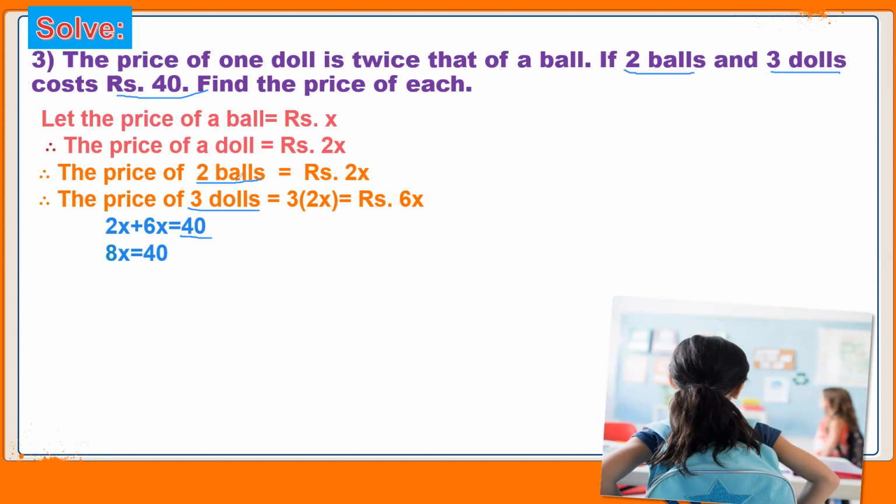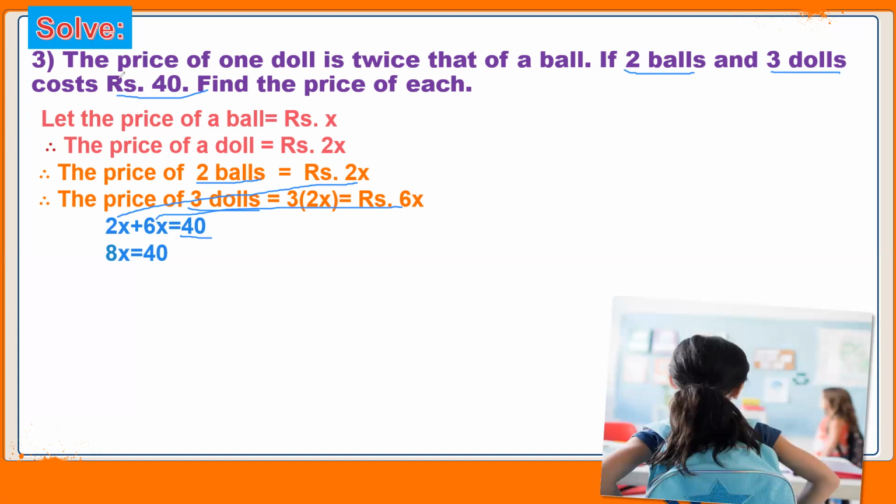So 2 balls cost rupees 2x, so I have written 2x first, and the price of 3 dolls is equal to 6x, so I have written 6x over here. This is equal to 40.